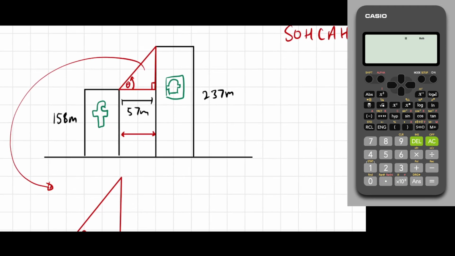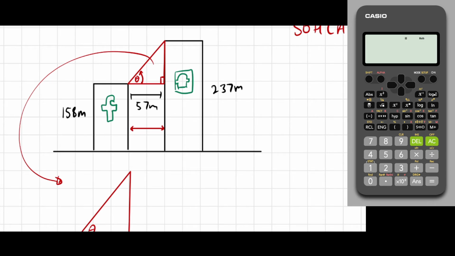Now, can we work out the height? We can work out what this height is here, how tall it is from here to here, because it's just the difference in the building sizes. So Facebook's building is 158 and Snapchat's is 237. So that length here of this triangle is just the difference in the two.